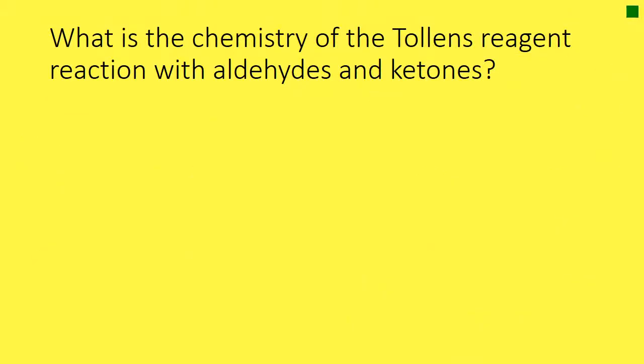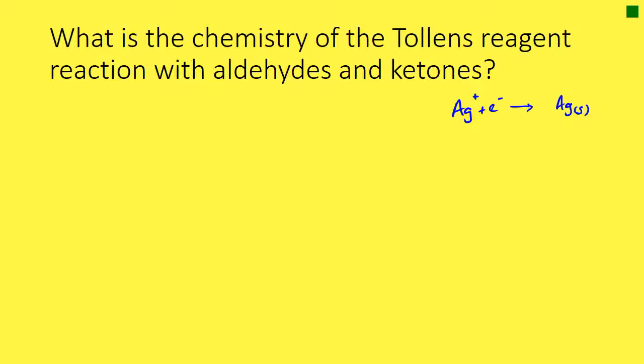And here's the question we want to answer. What is the chemistry of the Tollens reagent reaction with aldehydes and ketones? Well, you may remember already that Tollens reagent uses silver, and silver is a transition metal that's most often found in the 1+ oxidation state, and actually it's quite easily reduced back to its metal form as an atom by accepting an electron.